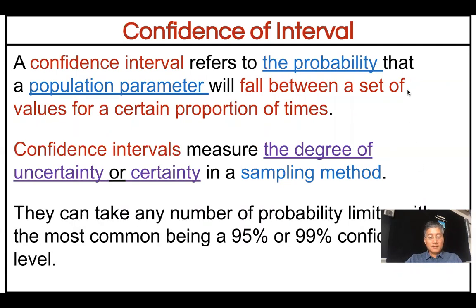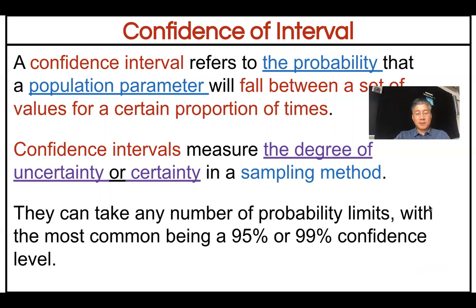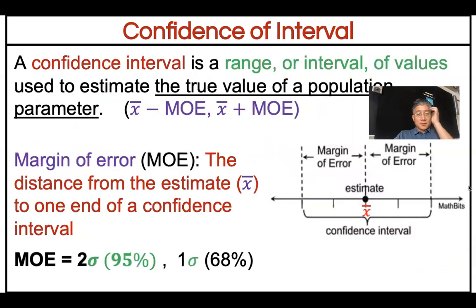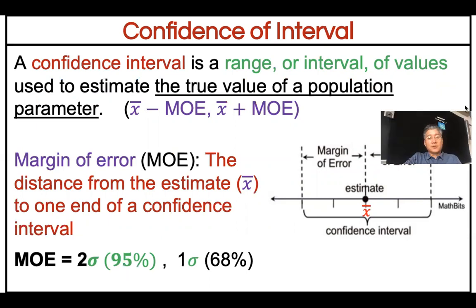And they can take any number of probability limits, with the most common being a 95% or 99% confidence level. So a confidence interval is a range or interval of values used to estimate the true value of a population parameter.